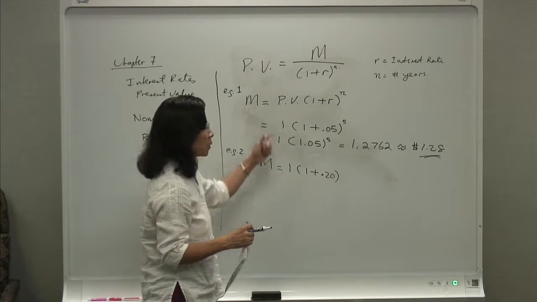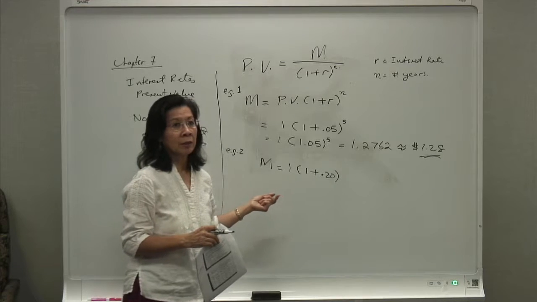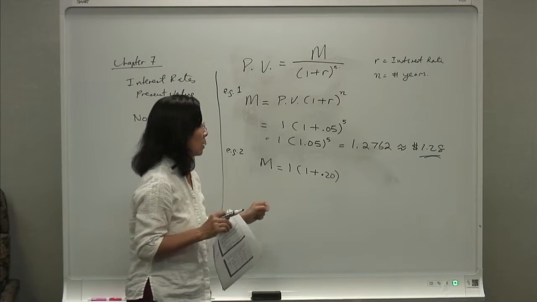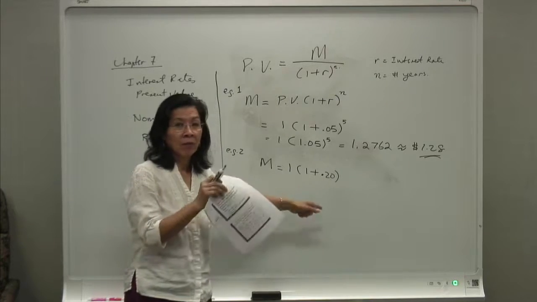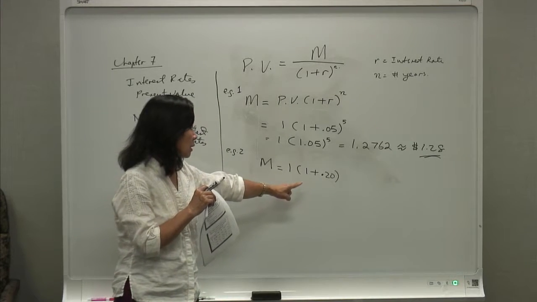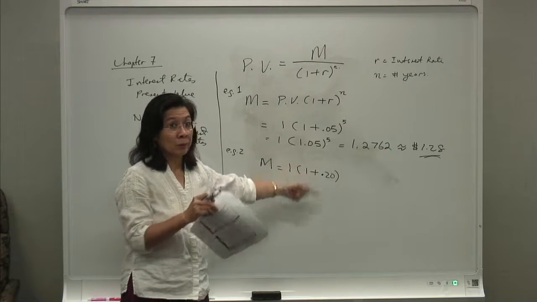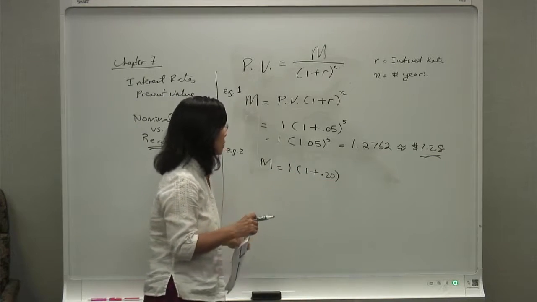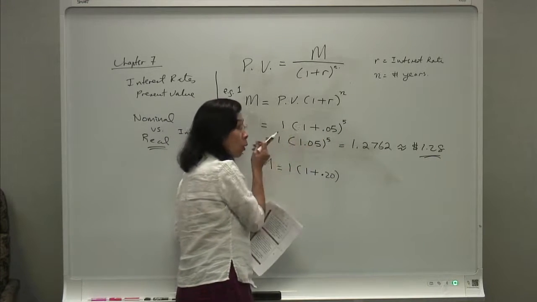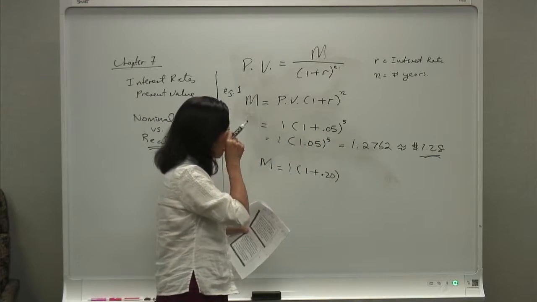Remember, for this kind of calculation, if it is 20%, you have to convert it to decimal first. You cannot just put 1 plus 20, which is 21. You have to put 0.20 for 20% and 0.05 for 5%.